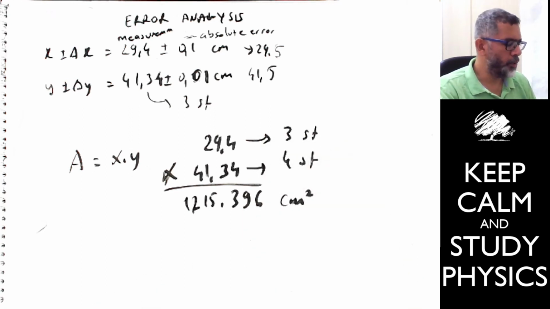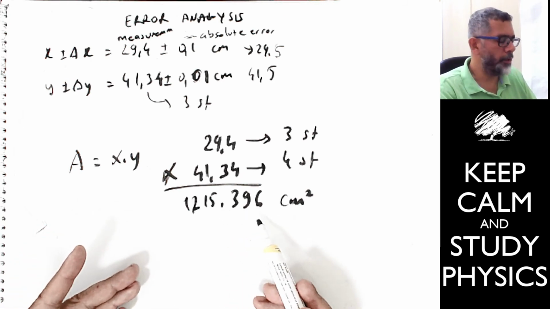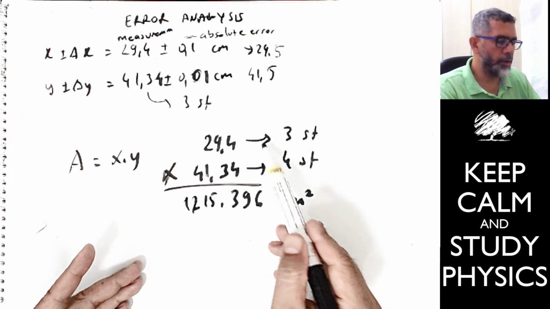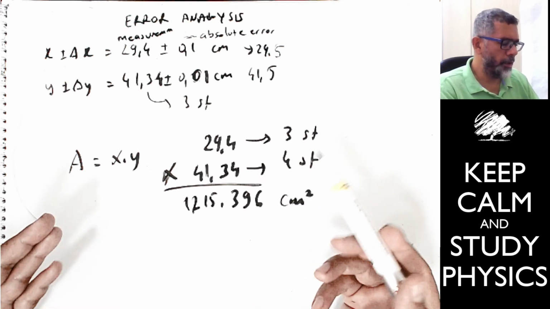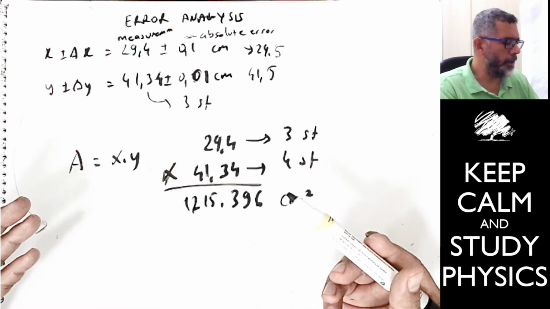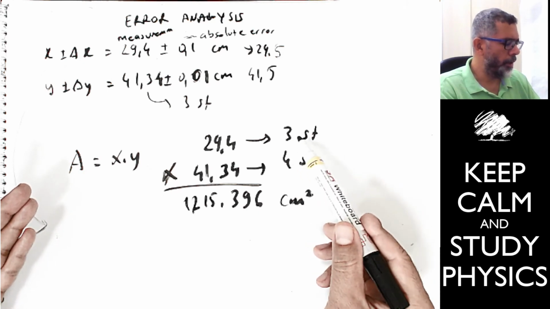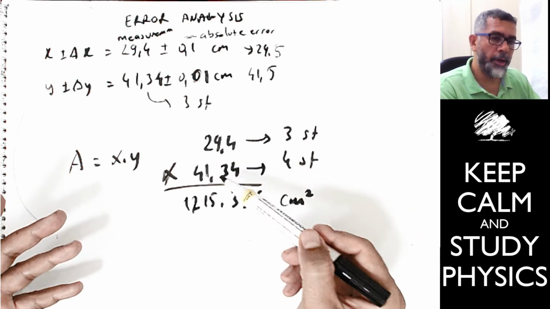How can your result have a larger number of significant figures than your multiplicands? It literally means you're doing some operation with some precision of your measurements, but you get a result which is more precise than the measurements themselves.